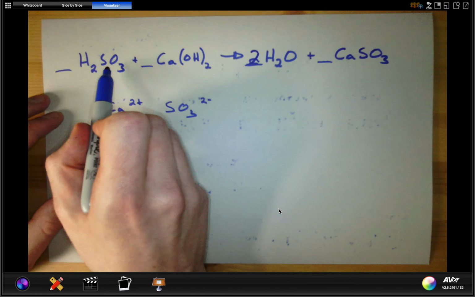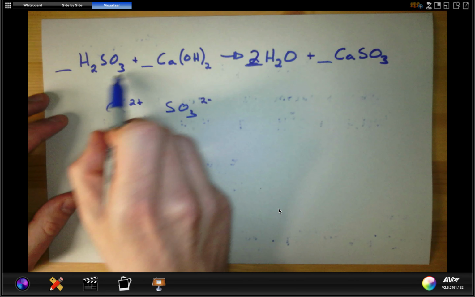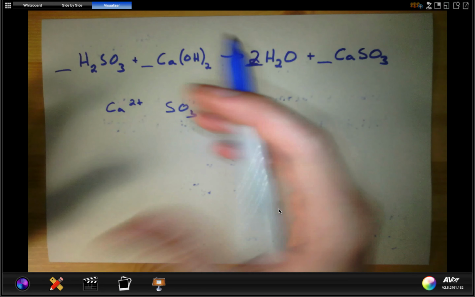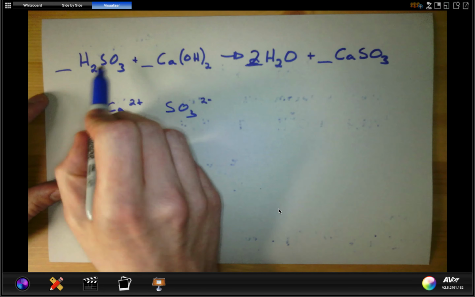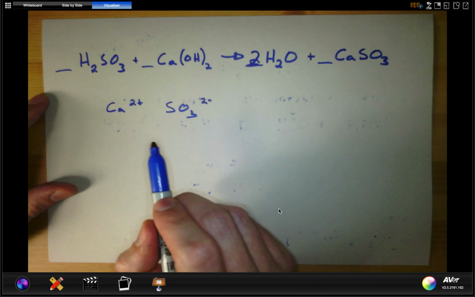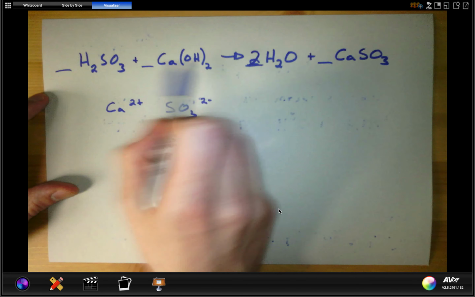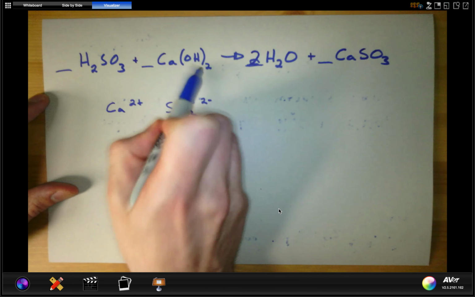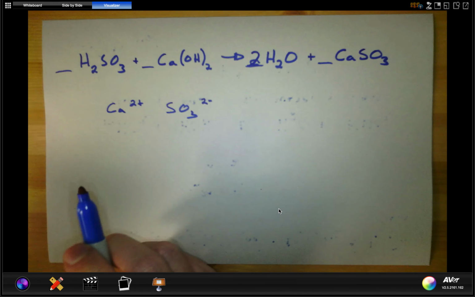I'm going to treat SO3 as a singular thing. If the polyatomic ion stays together, then you can treat it as one unit. So I have 1 SO3 here, 1 SO3 there, 1 calcium, 1 calcium. I have 2 hydrogens plus 2 more is 4. That works out. And I have 2 oxygens there. That works out.